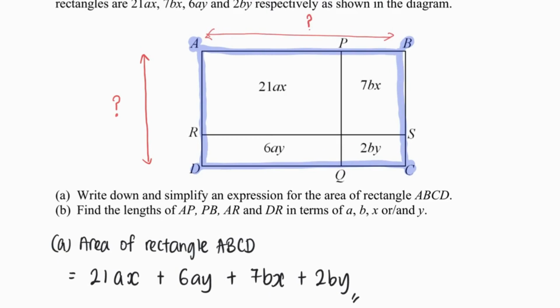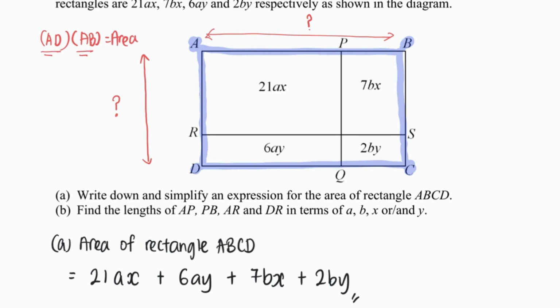And we always remember that to find the area of a rectangle or a square is length times breadth, right? So AD times AB equals the area. Aha!